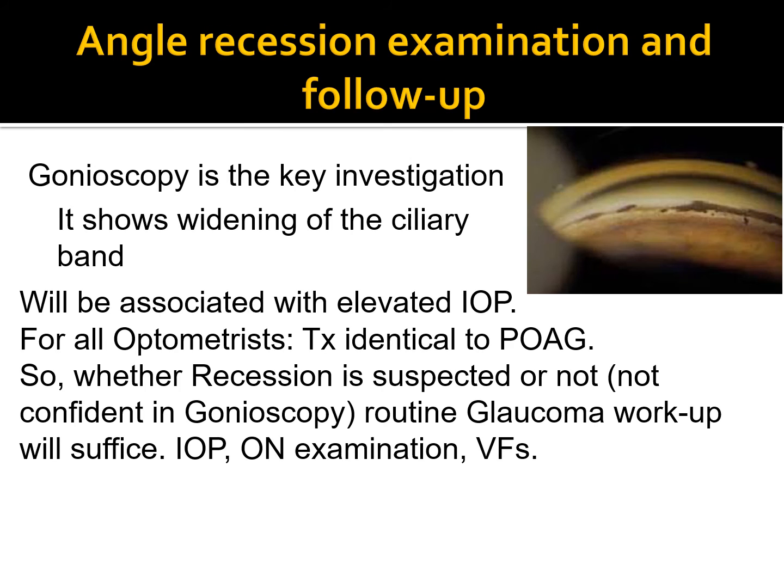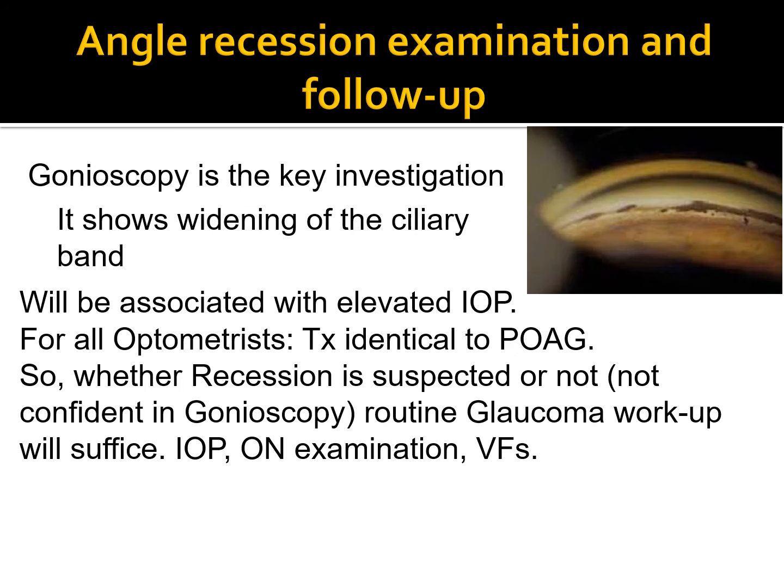I don't do gonioscopy. I'm not very good at it, so I wouldn't be doing this probably. It will be associated with elevated IOP, and I think for all optometrists, the treatment again is identical to POAG. So if we haven't done gonioscopy but the pressure's high, not a lot lost really.